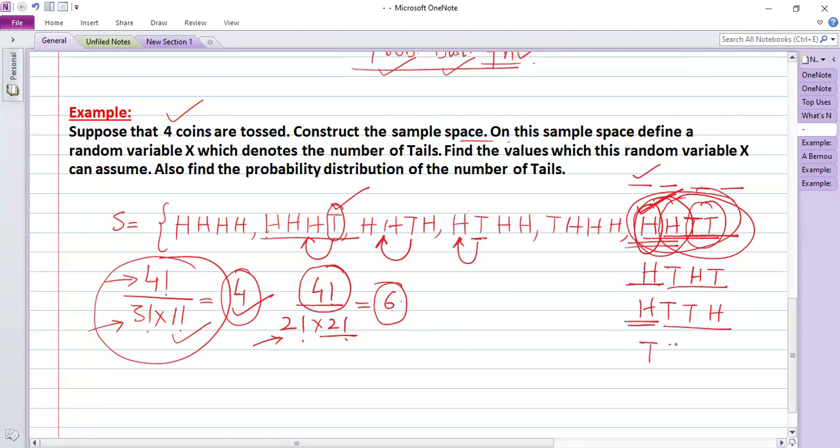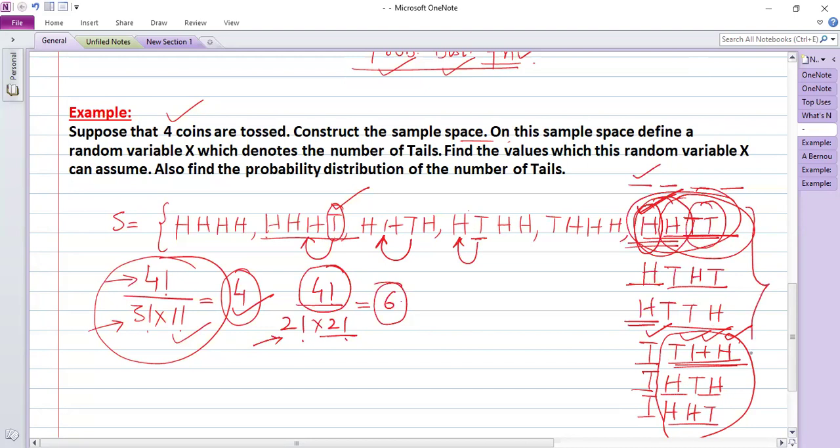Now, two tails and two heads, even this is one of the permutations. Again, I will keep this T fixed and permute these three. So you can see head, tail, head and head, head, tail. So tail, head, head, here head, tail, head, head, head, tail. So how many permutations are there in total? They are 6.